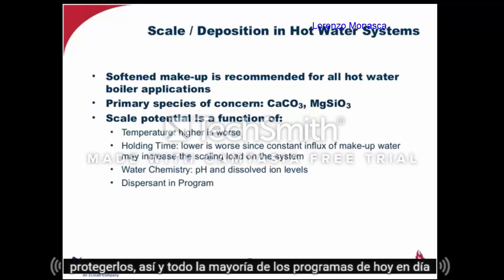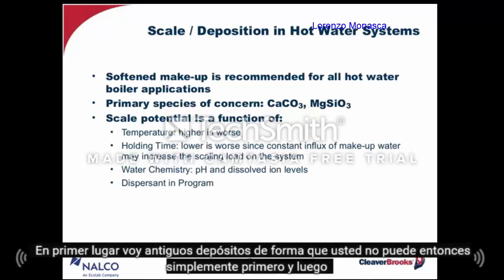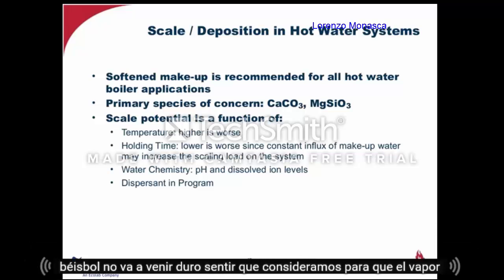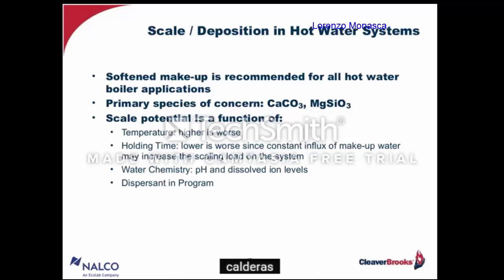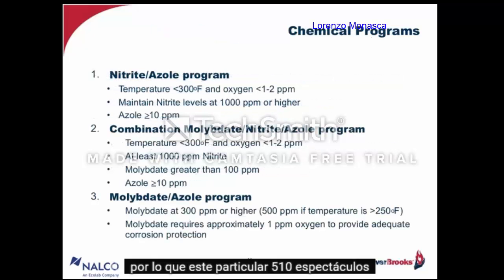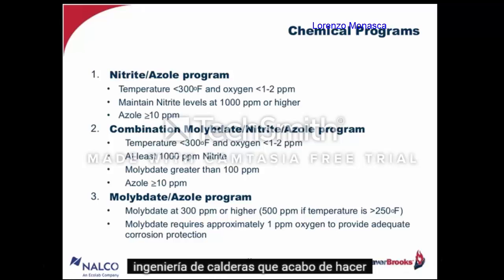And most programs nowadays use some sort of dispersant so that if sludge does form or deposits do form, you can semi-disperse them and they won't become a hard scale like we talked about for the steam boilers. So this particular slide then shows the 3 different types of programs that we have for hot water boilers.